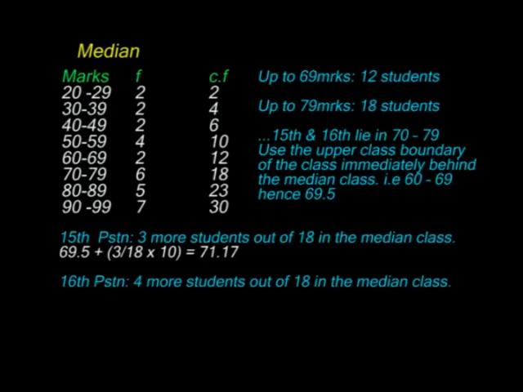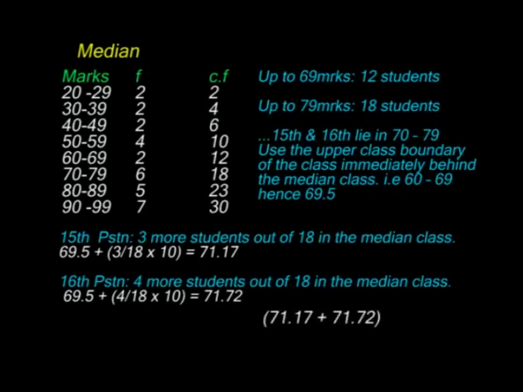So we go like this, 69.5 plus 4, the number of students we need, out of 18. Up to the class of 70 to 79, we have 18 students. Multiply by 10, the class width, and we get 71.72.